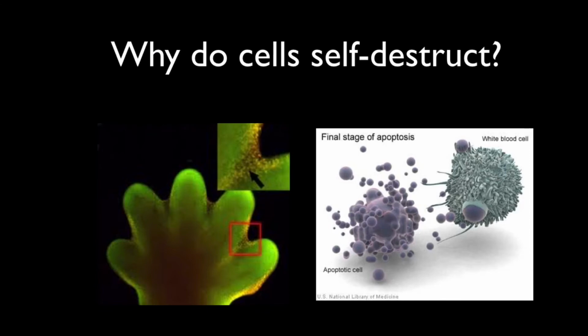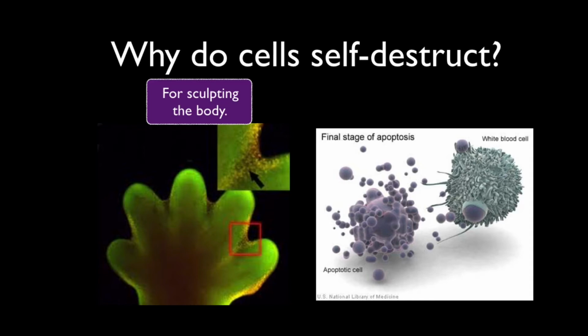So, what might trigger apoptosis? Well, there are a few reasons for a cell needing to self destruct. Like, for example, when a body part is no longer needed, like in tadpoles that no longer need their tails, or when the membranes between our fingers need to be removed during development. Another reason for self destruction is what happens when a cell becomes cancerous, or at least starts to become cancerous.